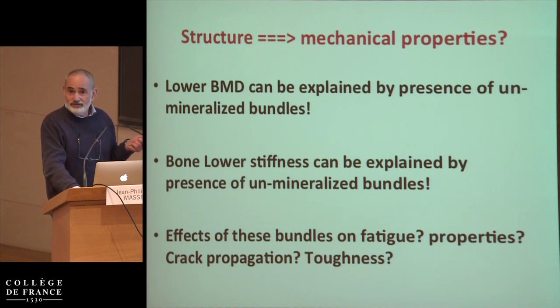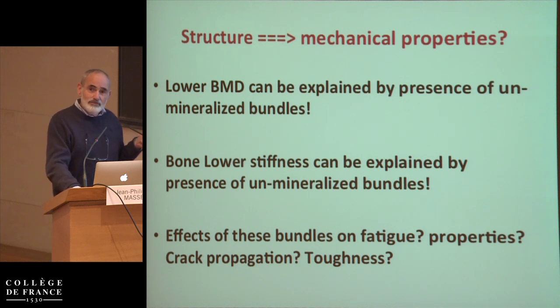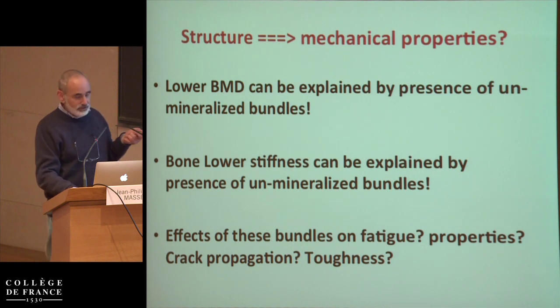I'm not sure yet about the nature of these bundles, and structurally we have to answer a lot of questions of how these bundles are connected to the matrix and so on, but it promises to be an interesting field of examination, and it maybe hopefully ties in with Garrett's point about the combination of rotated plywood structure with gaps, some kind of a modulus mismatch of these, in this particular case, not holes, but unmineralized collagen fibrils.